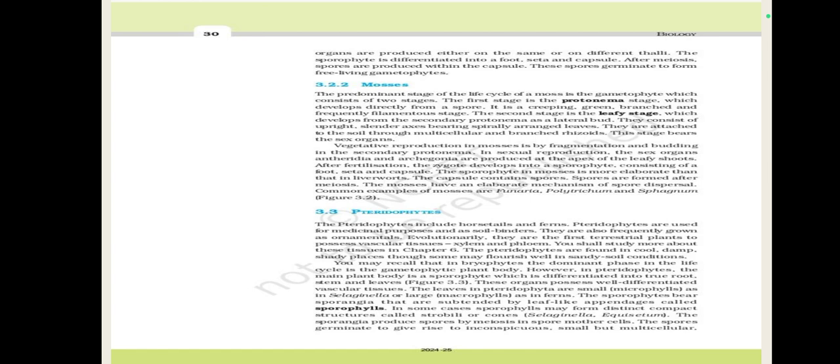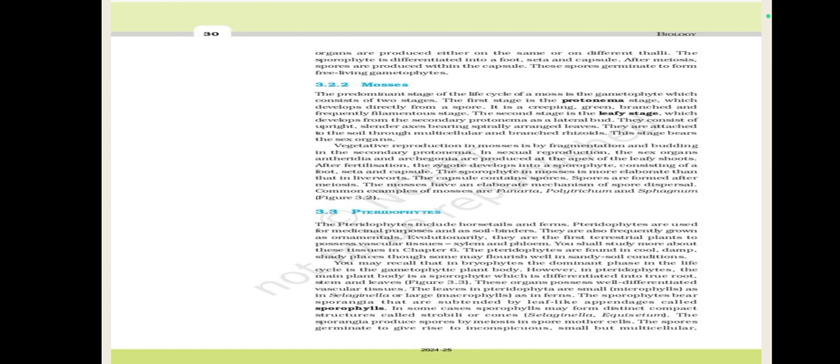Vegetative reproduction in mosses is by fragmentation and budding in the secondary protonema. In sexual reproduction, the sex organs antheridia and archegonia are produced at the apex of the leafy shoots. After fertilization, the zygote develops into the sporophyte, consisting of a foot, seta, and capsule.